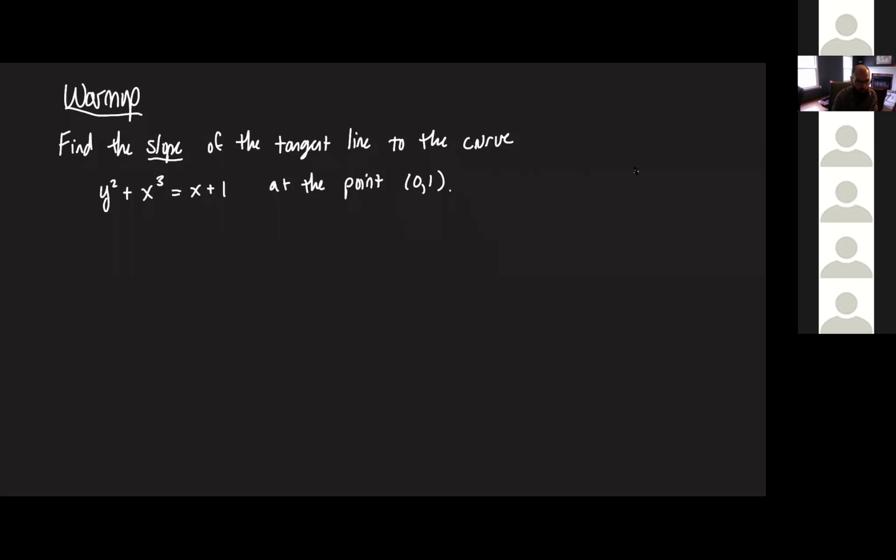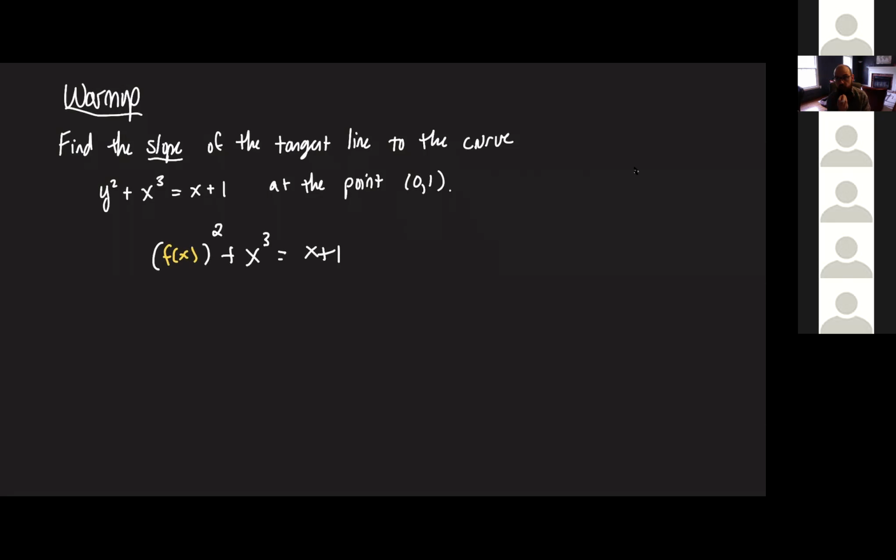So our equation would look something like this: y squared, but instead of y, I'm going to write f of x. And so I get f of x squared plus x cubed equals x plus 1. Okay, and so step one, I'm going to make this substitution.